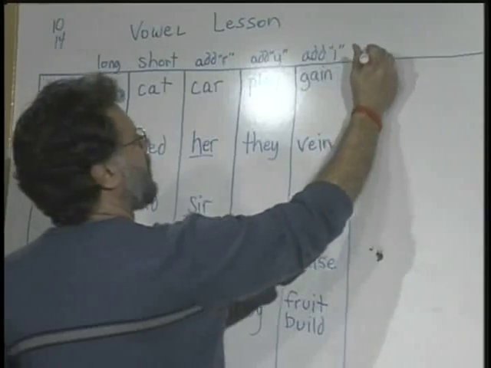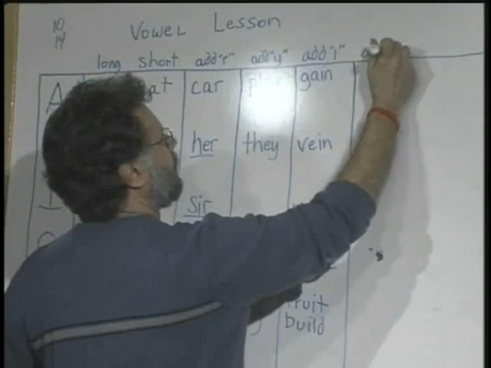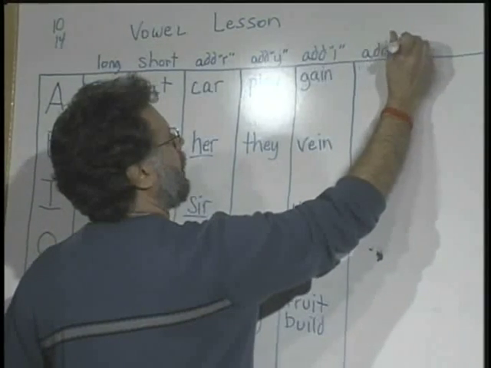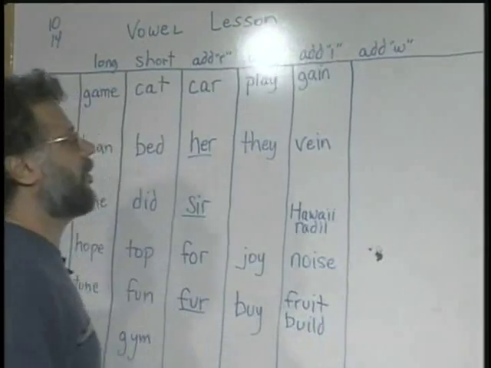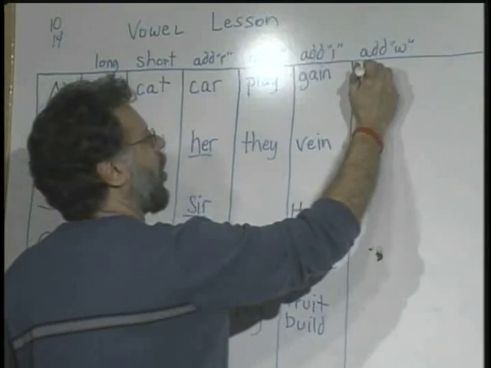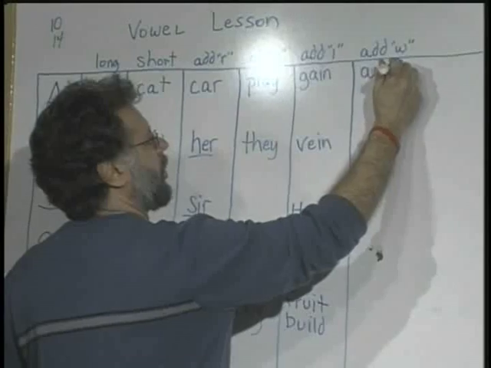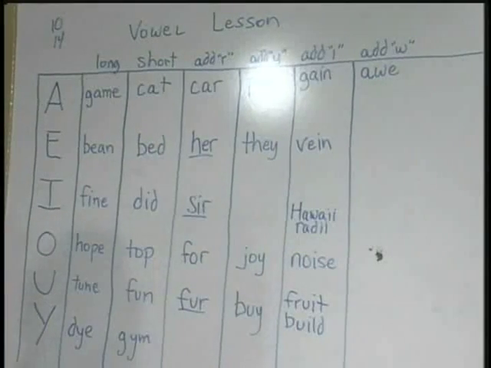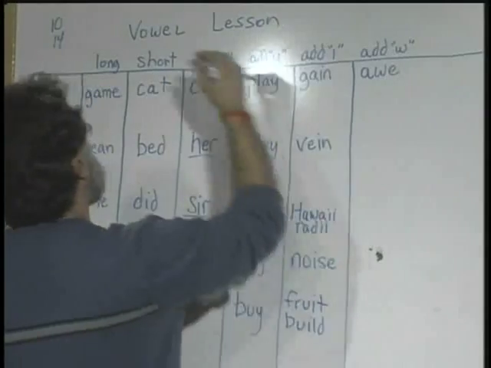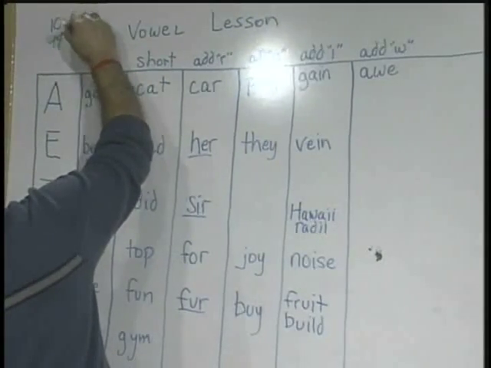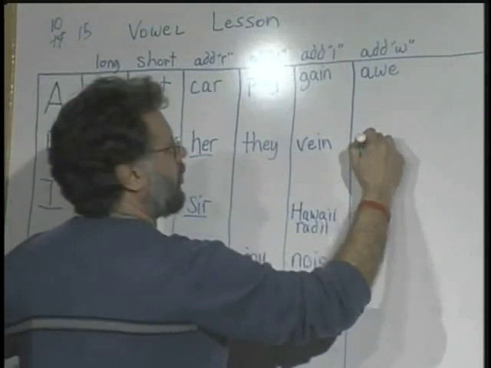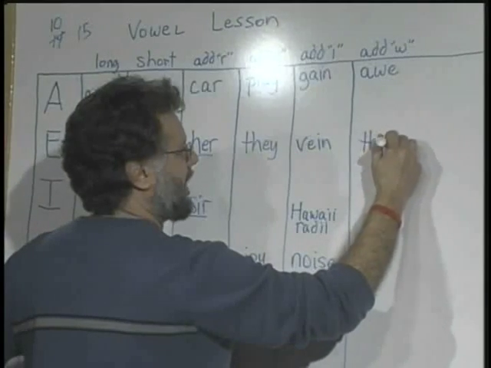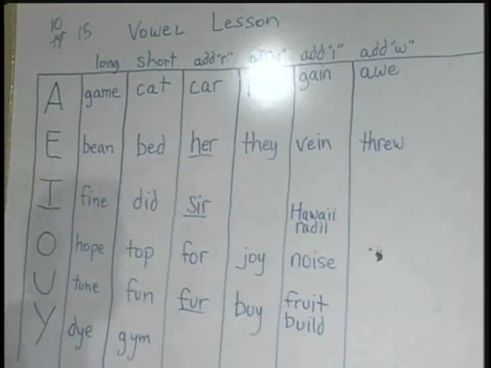All right, the next letter we add is W. When we put a W after A, we get the sound awe. So the word there is A-W-E, which gives us awe. Okay? 15. When we put a W after an E, strangely enough, we get the long U sound.